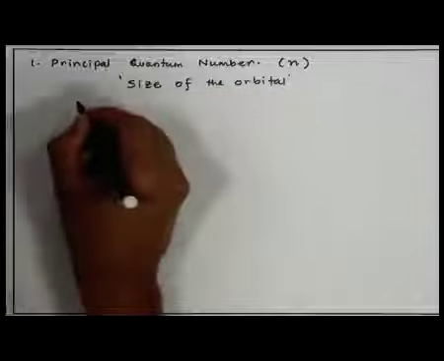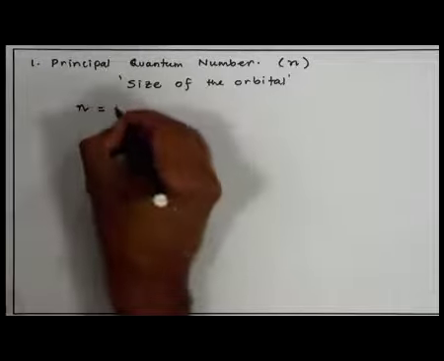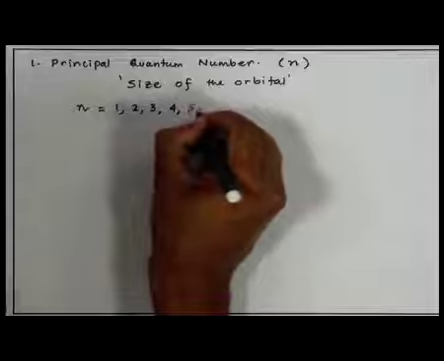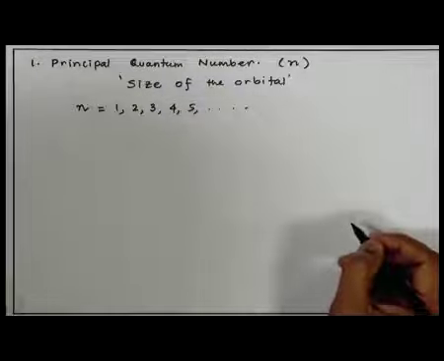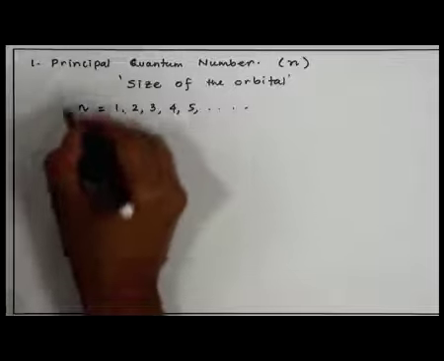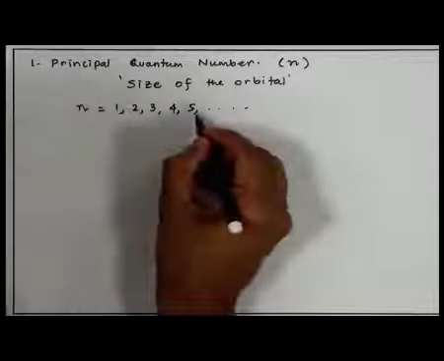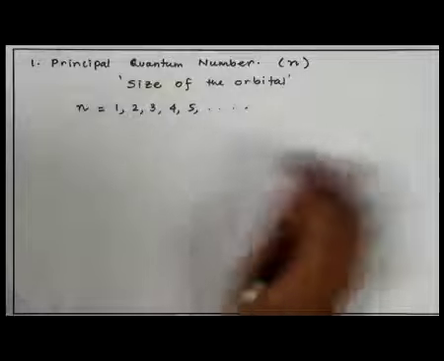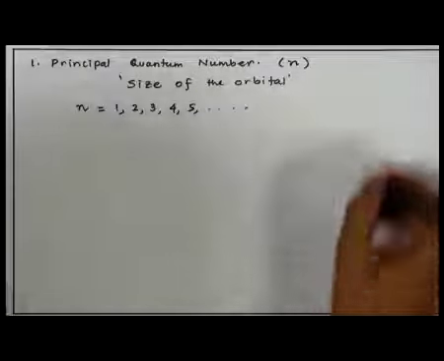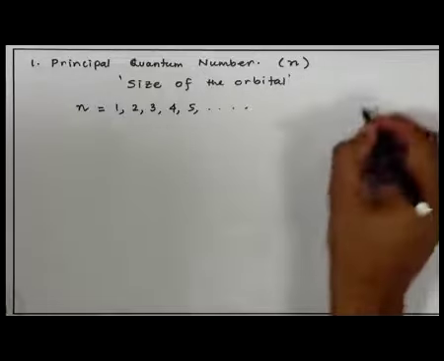The values of the quantum number n can be 1, 2, 3, 4, any integer value, it can go on. If the quantum number n is a large number, it simply indicates that the orbital of this electron is very large. What does that mean?